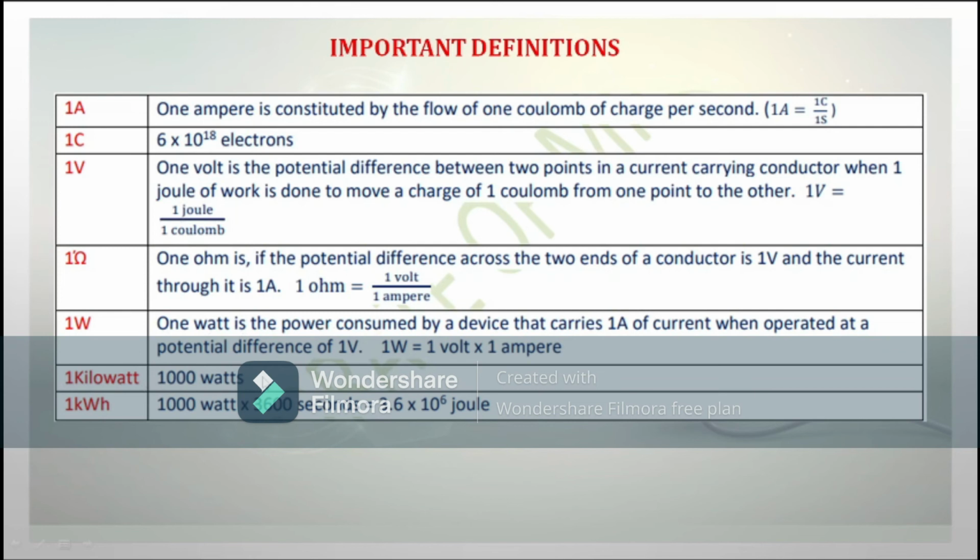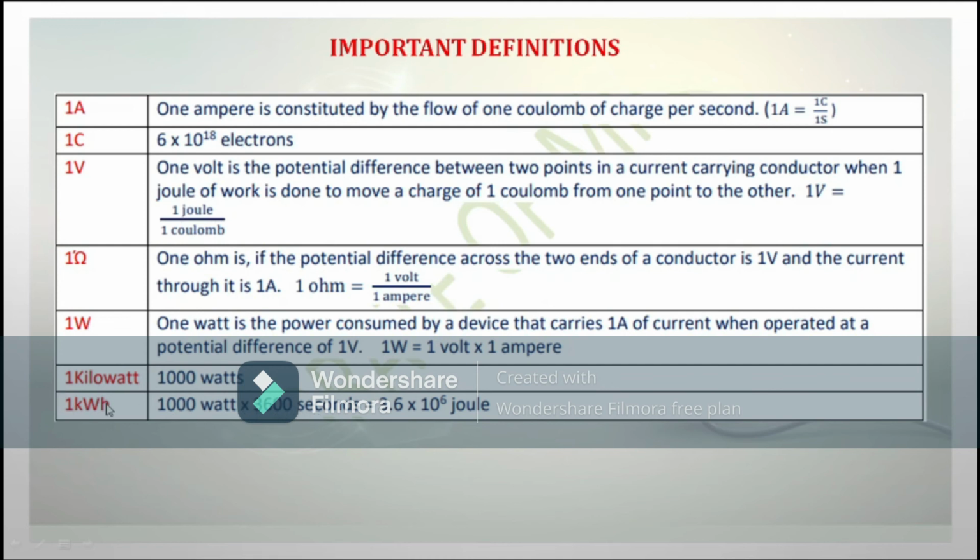And there is a commercial unit of electric energy, that is 1 kilowatt hour, that we use in electricity. How many units we are using, how many units of current we are consuming, all that will be mentioned in terms of kilowatt hour. So 1 kilowatt hour is 1000 watts into 3600 seconds.